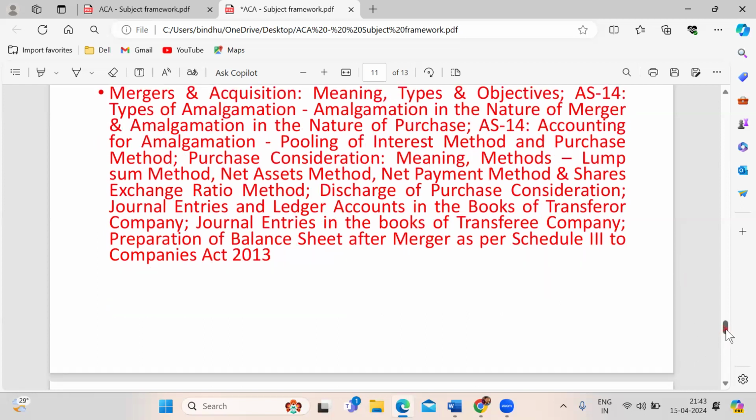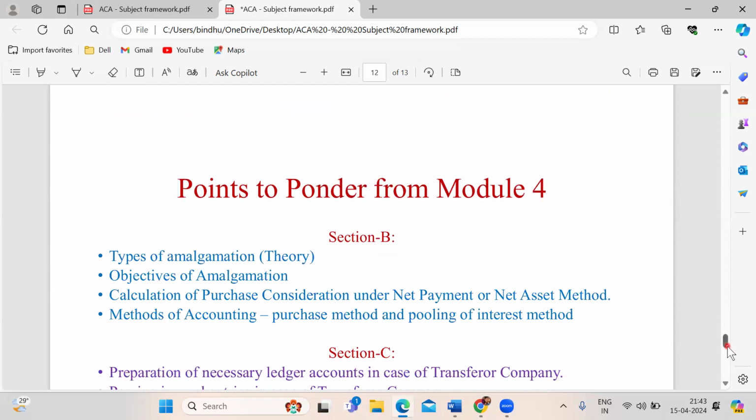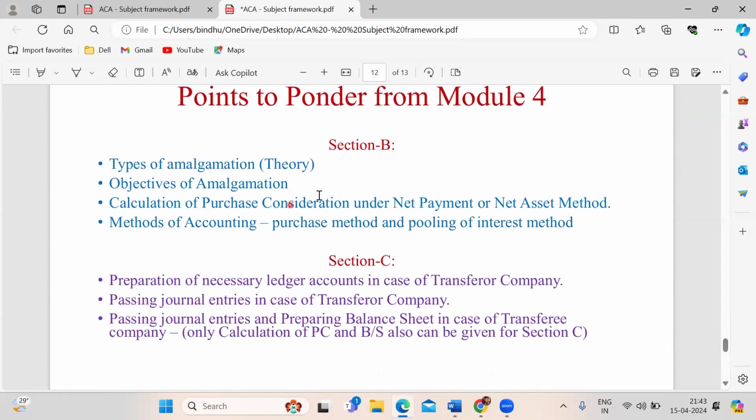Here, they may raise 2 questions, for Section B and Section C. Types of mergers and amalgamation they are going to raise for theory, objectives, and calculation of purchase consideration under the net payment or net asset method is obviously a compulsory method for your examination, for 4 marks. And we have the next one, methods of accounting under purchase and pooling method. The methods of accounting are considered under the purchase and pooling of interest method.